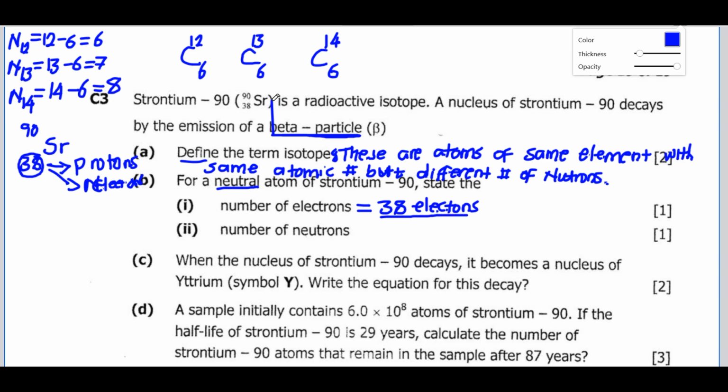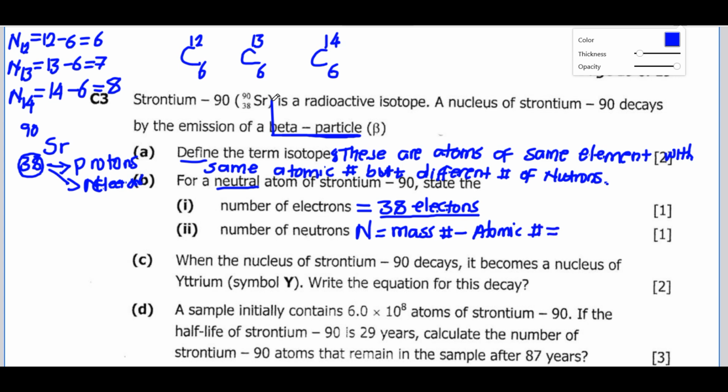So we are done with the number of electrons. For number 2, we need to find the number of neutrons. We use the same principle that we used for the three atoms of carbon. Neutrons is equal to the mass number minus the atomic number.